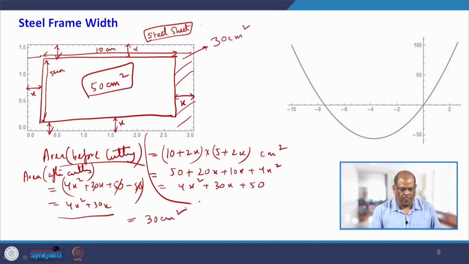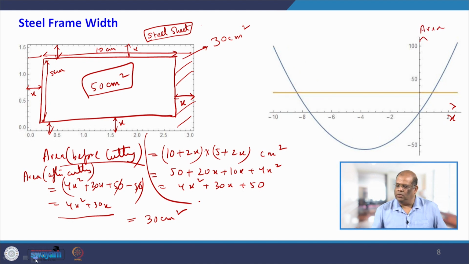So, this is the area and this is the x. So, this is your x and this is your area. So, I draw a line where this value is 30 and I draw a line parallel to the x axis, and it has intersected the curve at here and at here. So, basically my x value will be this and my x value will be this.